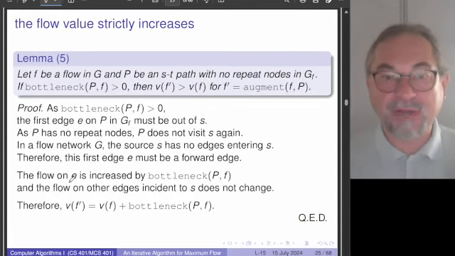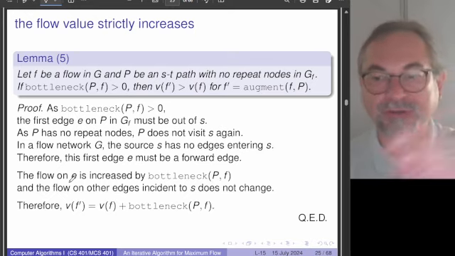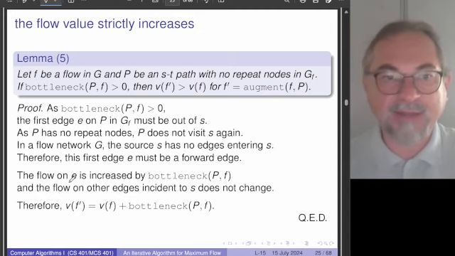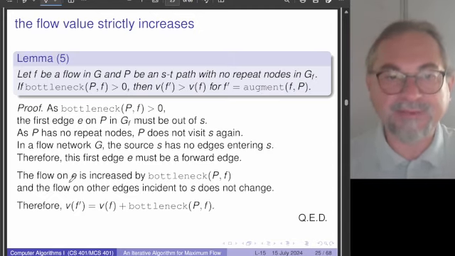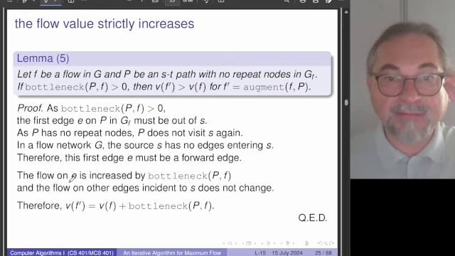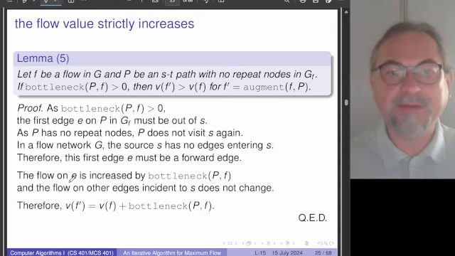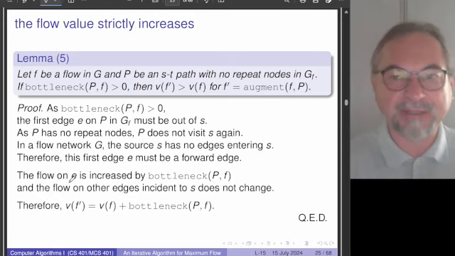Now it's important that the value of the bottleneck is never 0 because we have an augmenting path from source to sink. And in every stage, the flow actually increases by the value of the bottleneck. And that means that the new flow will be larger. So we have a strictly increasing flow.